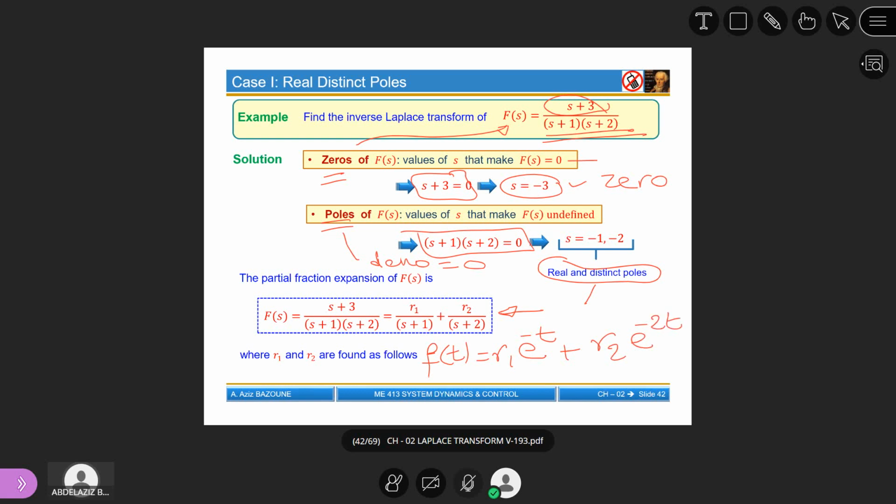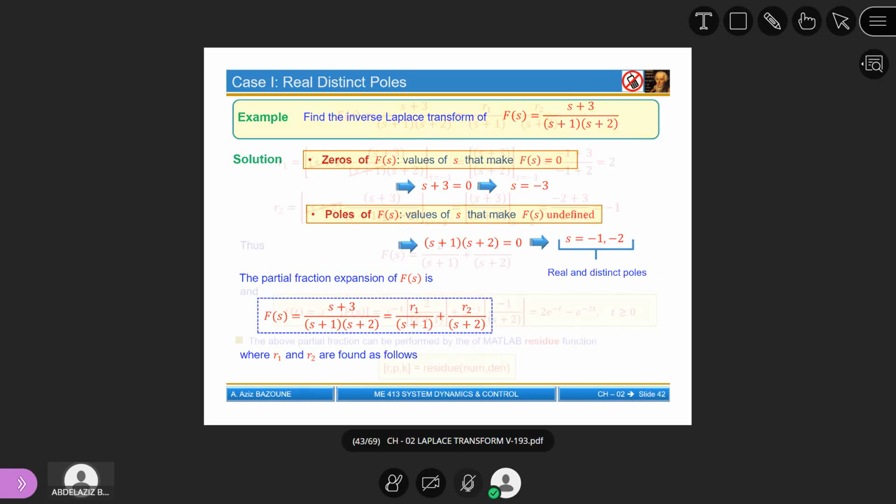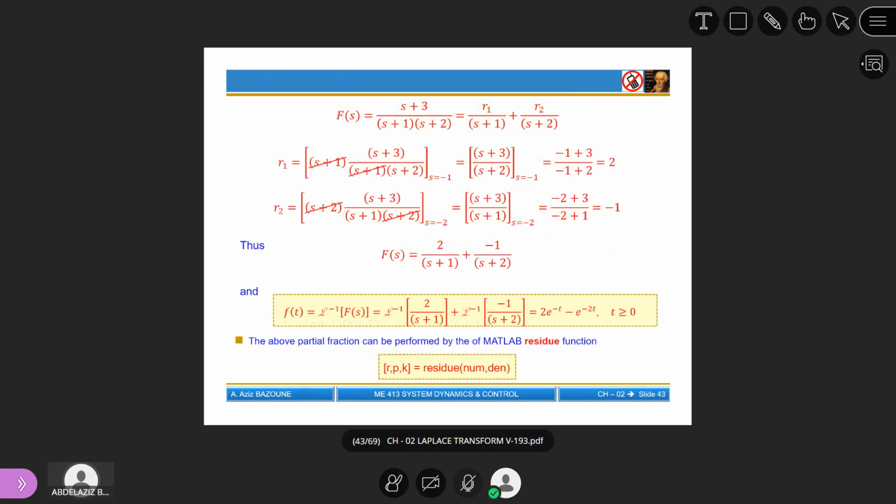So this pole becomes here, and this pole too becomes here. As simple as that. All the story is to find what R1 and R2 are. In Math 202, you learned how to multiply these out, get an expression, and solve the equations. Here we have an easier way to find them.